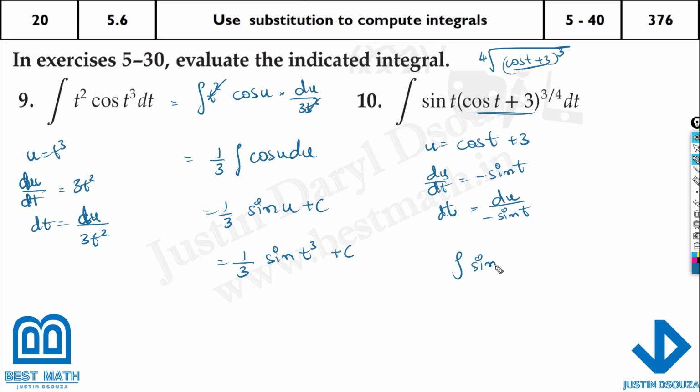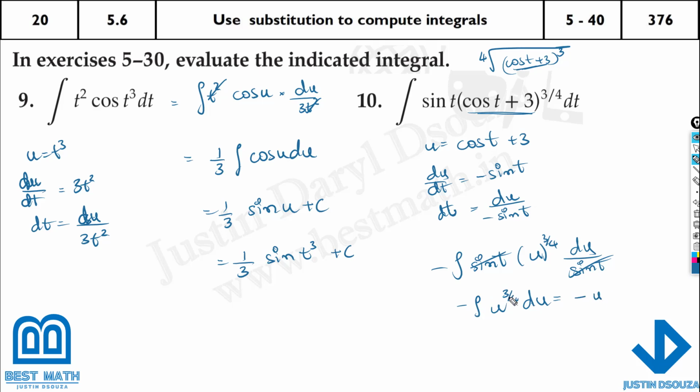Sine t will remain as it is. We have this to be u to the power 3/4. What is dt? It is du divided by minus sine t, I'll write the minus outside. So this cancels off. You're left with the integral of u to the power 3/4 du, which is very simple. What is the integration of this? The minus remains.